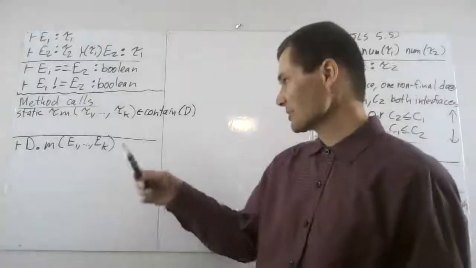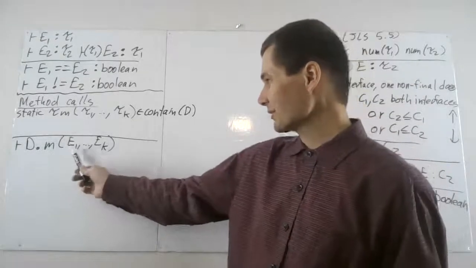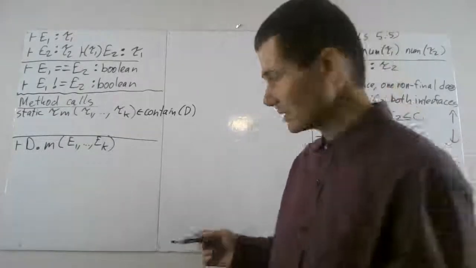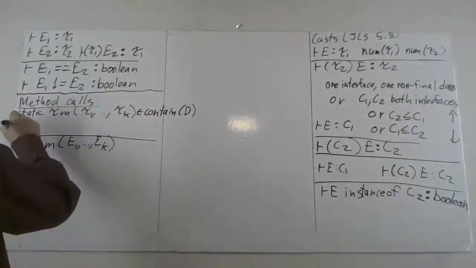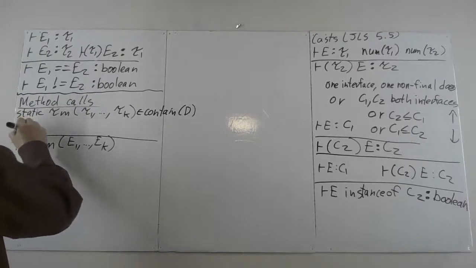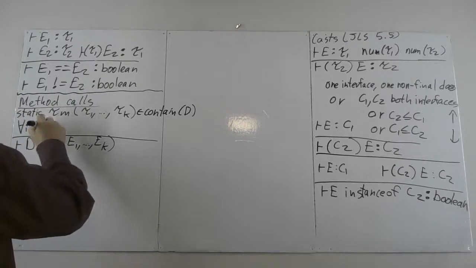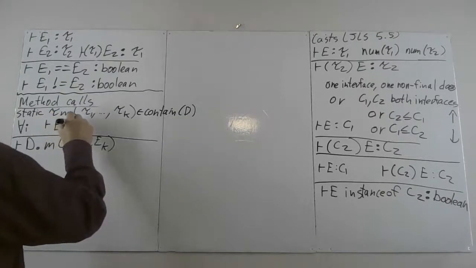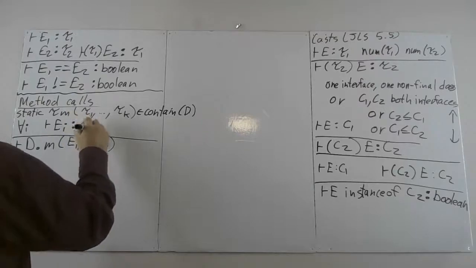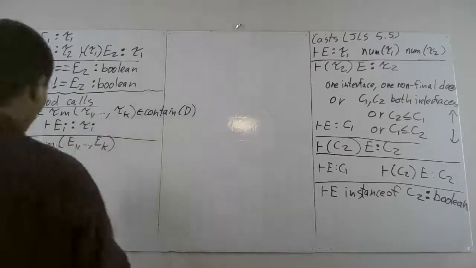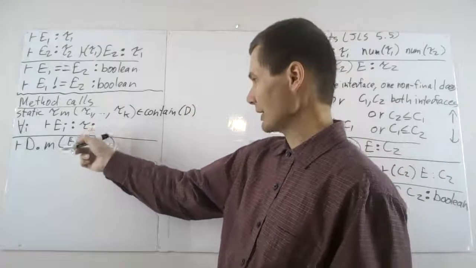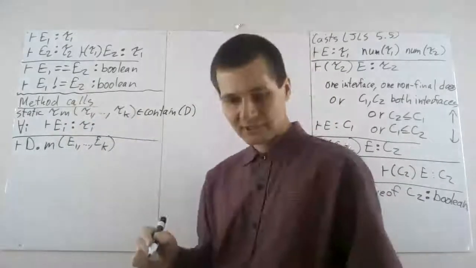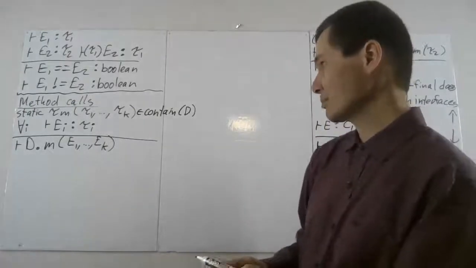So, as I always say for all the rules, I always have to type check all the sub-expressions. So I need to type check the EIs. So I'm going to say for all I, I want to type check EI, and I want to make sure that EI has the type tau I. So each expression has the type that is in that position in the parameter types.